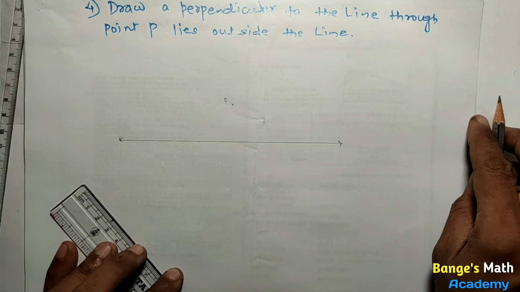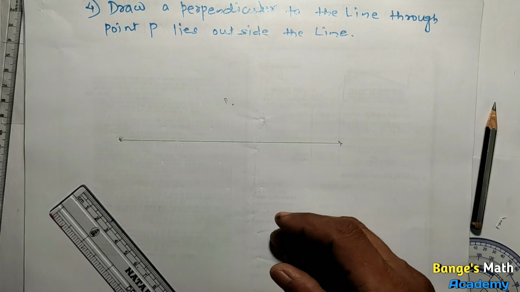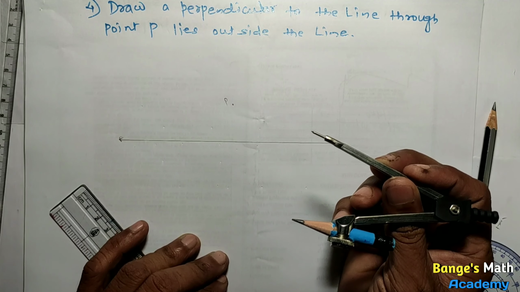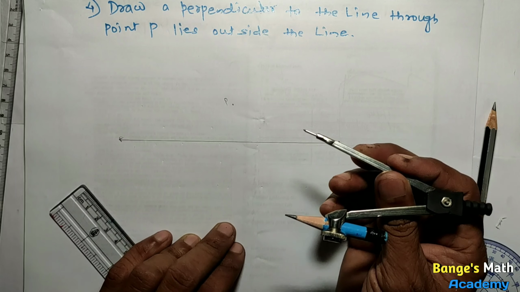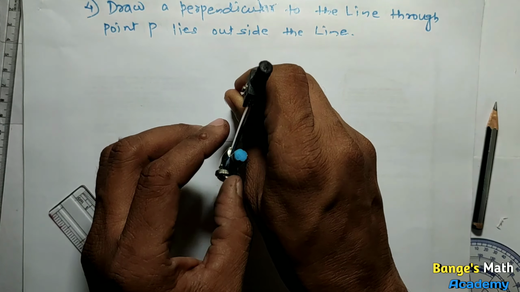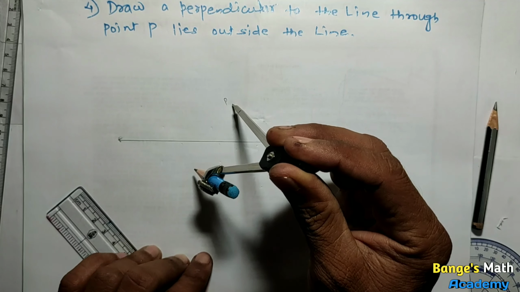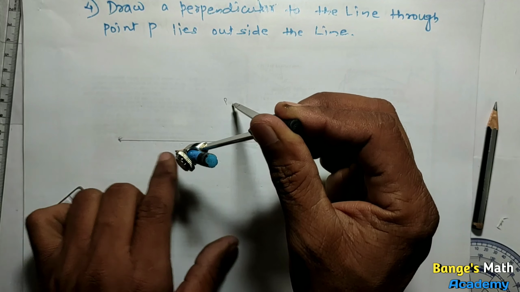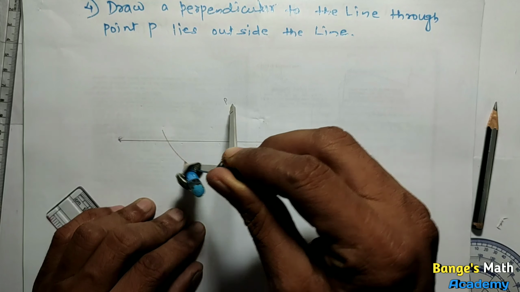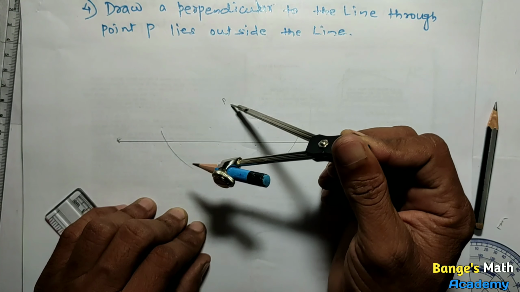So we have to draw a perpendicular passing through point P which lies outside the line. Take a suitable distance in your compass, put the still point on point P. Take the distance between the legs of the compass such that we can draw two intersecting arcs on this line. So draw two intersecting arcs.